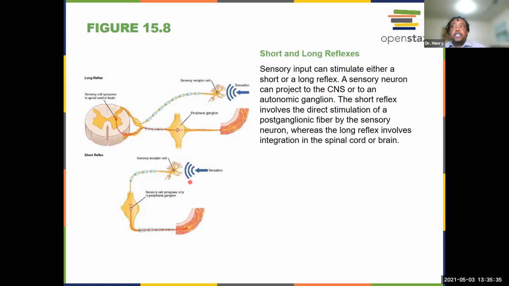The central nervous system is often the one that requires a little more voluntary motion or voluntary movement, whereas the ones that require a quicker response or shorter responses are more so those involuntary ones.